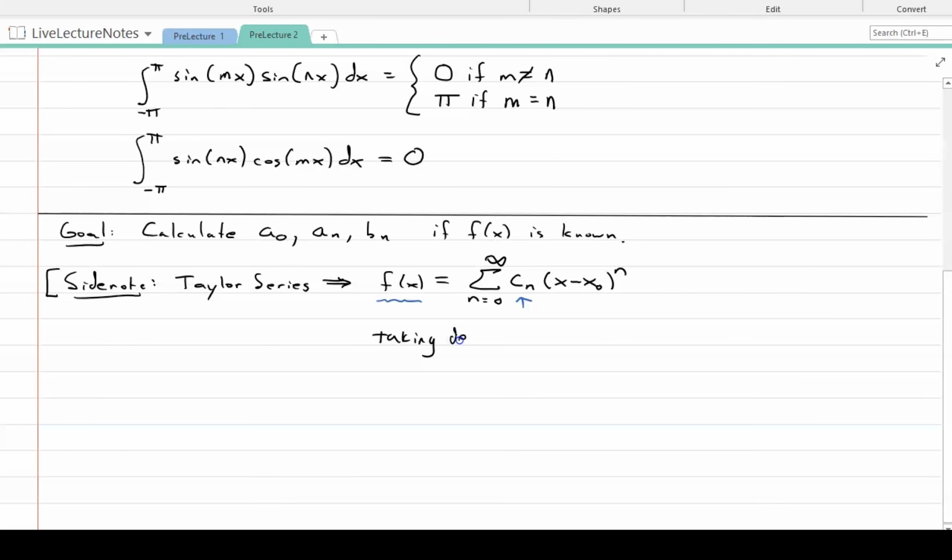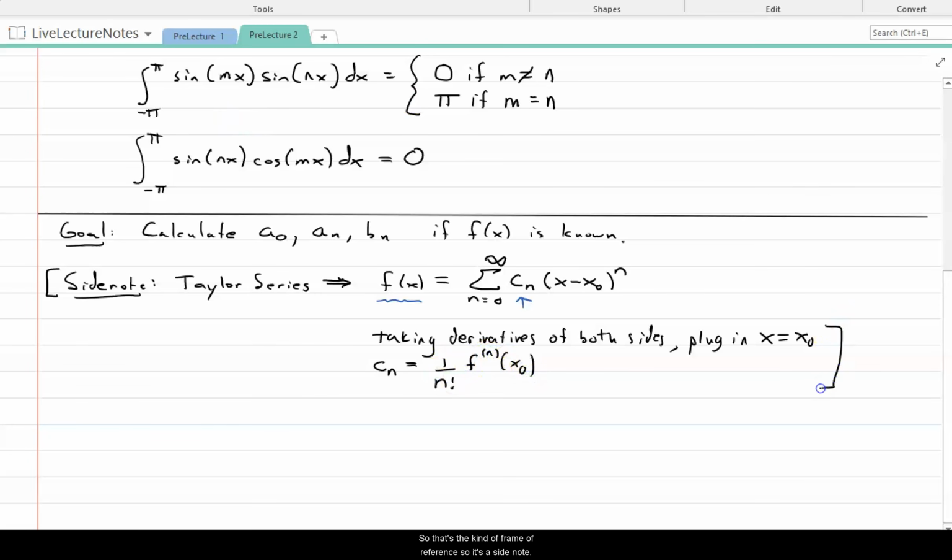Taking derivatives of both sides and then plugging in x equals x_0 allowed us to isolate those coefficients C_n, and we got C_n was 1 over n factorial times the nth derivative of f evaluated at x_0. So that's the kind of frame of reference, so that's a side note.